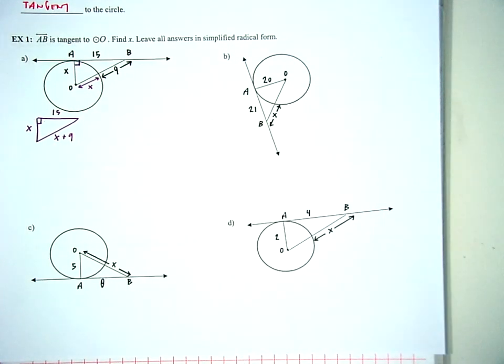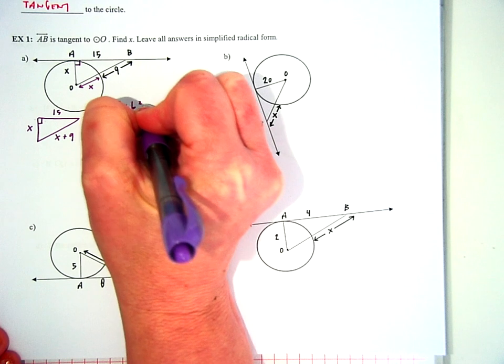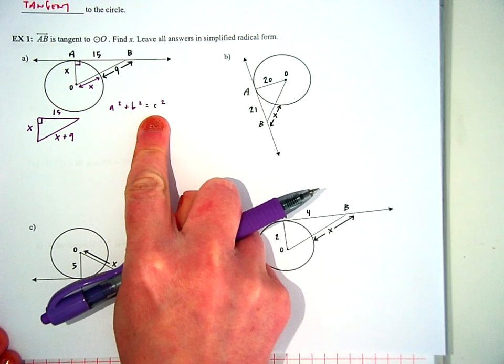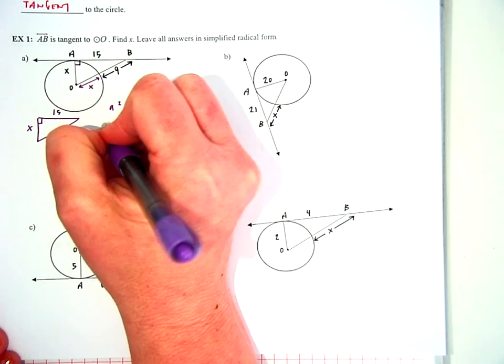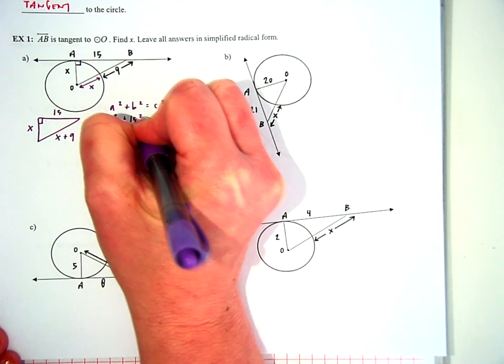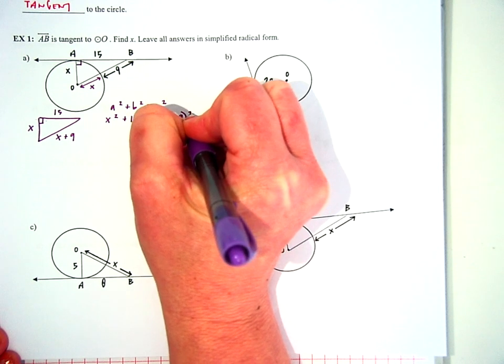So now I'm just using the Pythagorean Theorem to solve for my unknown value of x. The Pythagorean Theorem tells me that a squared plus b squared equals c squared. The a and b are the two legs, and the c is my hypotenuse. So here I could say that x squared plus 15 squared equals x plus 9 squared.